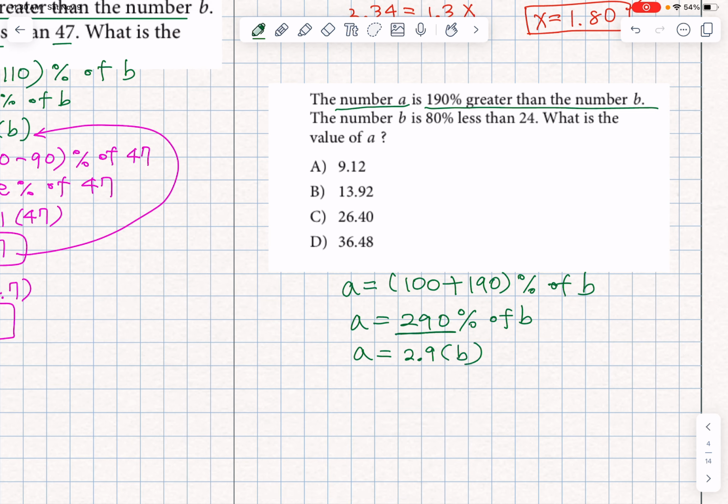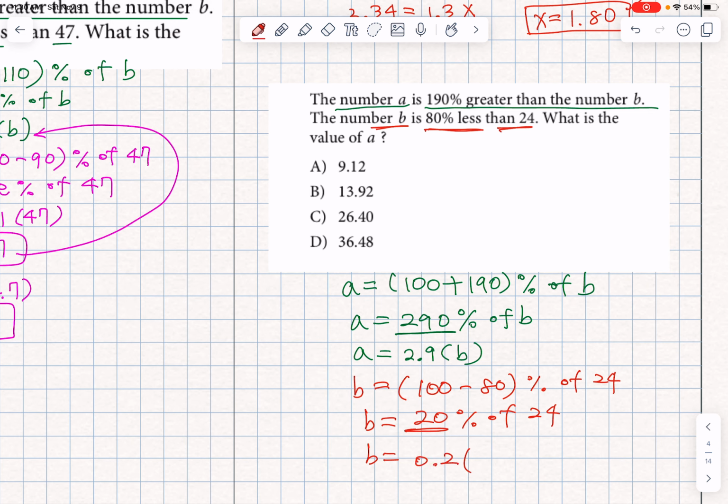And then with another color, B, they say B is 80% less than 24. B equals 80% less than, then you have to subtract 80 from 100. So 100 minus 80% of 24. Then I can change this to the equation as 20% of 24, which means decimal 0.2 times 24. Then you get 4.8.